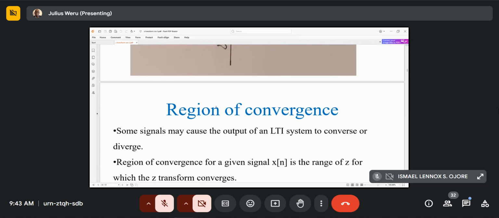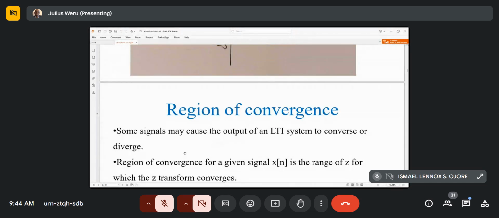That is the region of values for which the Z transform exists. That's what we are calling the region of convergence. And we'll be looking at the region of convergence of the Z transform, because that can tell us more about the signal for which we have taken the Z transform.